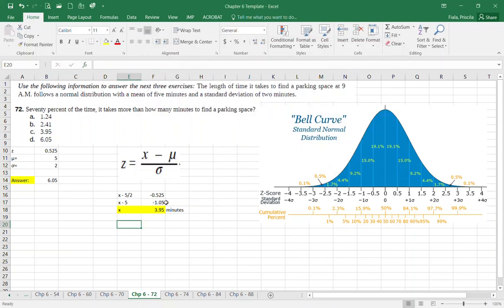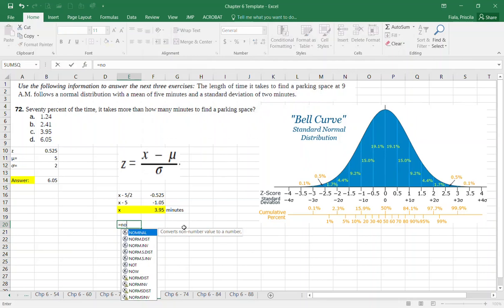However, if you have your z value, which is the other way around, you have to use the formula NORM.INV. Well, it's asking me for the probability. Here's the part that you have to be careful with, because right here, 70% of the time you're not going to be putting 70%.